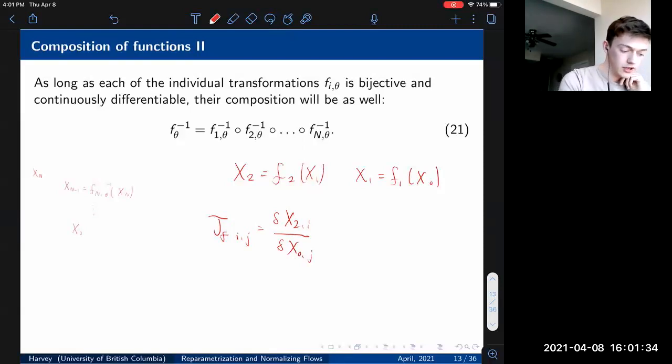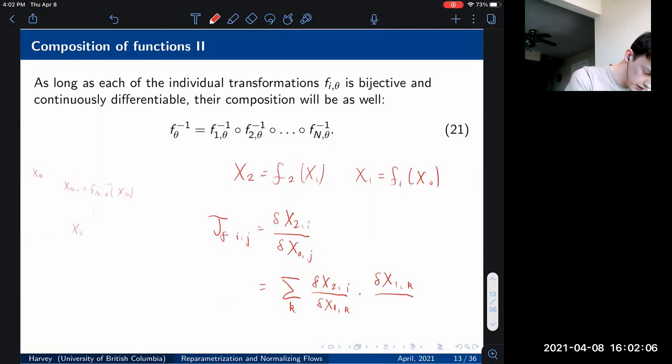Another way we could write this is using the total derivative: we know that these influence each other through x1. So we could say this is the sum over k of partial x2 i by partial x1 k, times partial x1 k by partial x0 j.